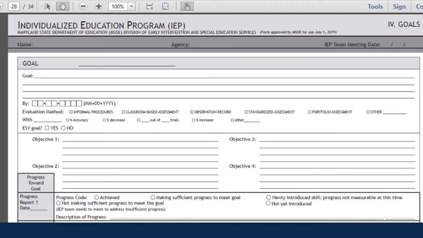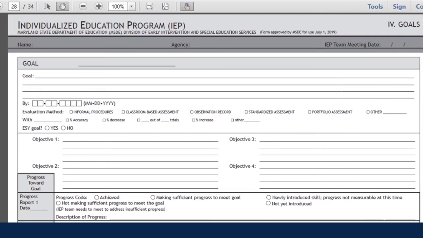Okay, we're going to get started now talking about goals. And when we talk about goals, we're going to talk about both goals and objectives. Goals are what we hope the child can accomplish in the next 12 months period. So over the next 12 months of school, what is reasonable that your child can accomplish?